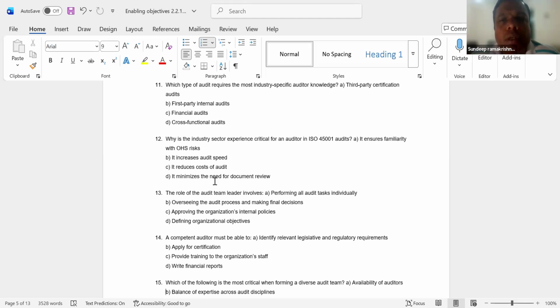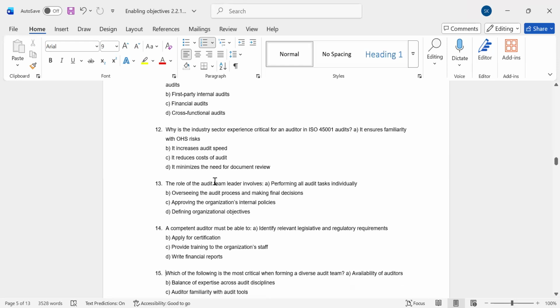Between functions, when you do checks or audits, that is a cross functional audit. So that actually does not fit. So either A or B. I think A, but that justification is required. Third party is one of the best fit answers. And why not first party?